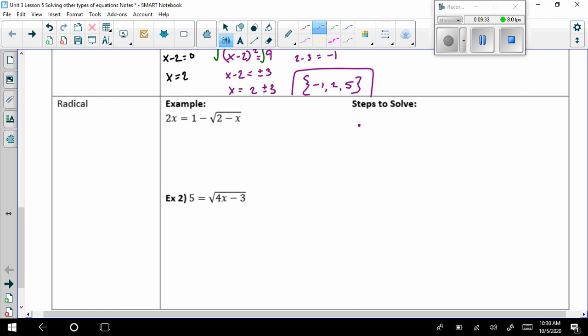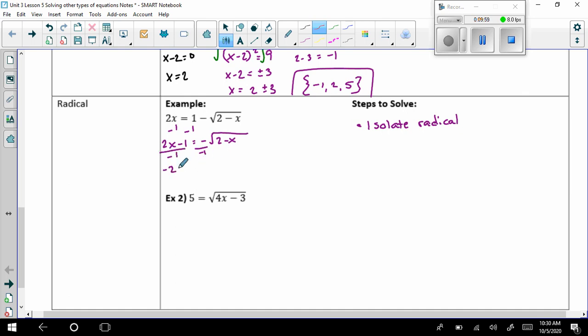So we need to isolate our radical. Let's subtract the 1. So we get 2x minus 1 is equal to the opposite of the square root of 2 minus x. I'm going to divide by negative 1.